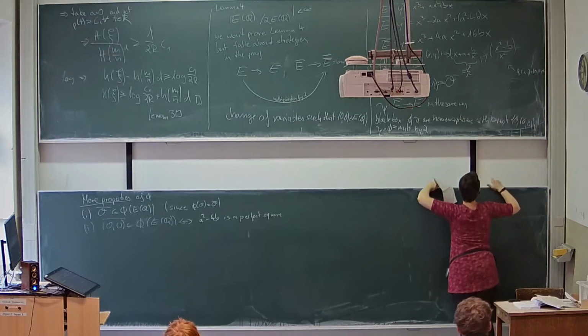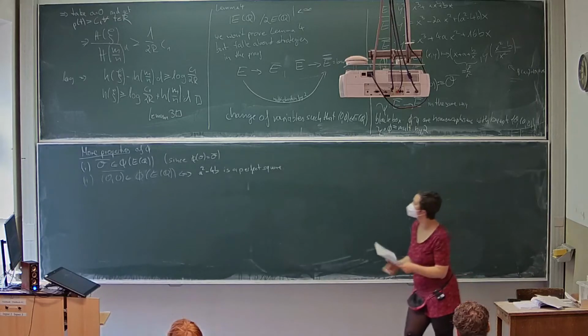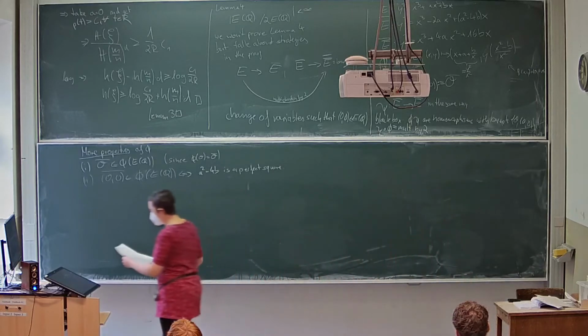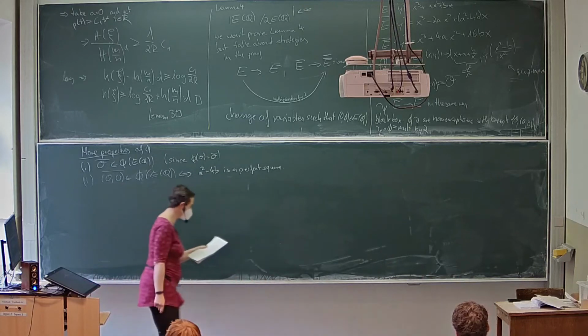Thank you. I should be exact. So a perfect square is just a square in the rationals.